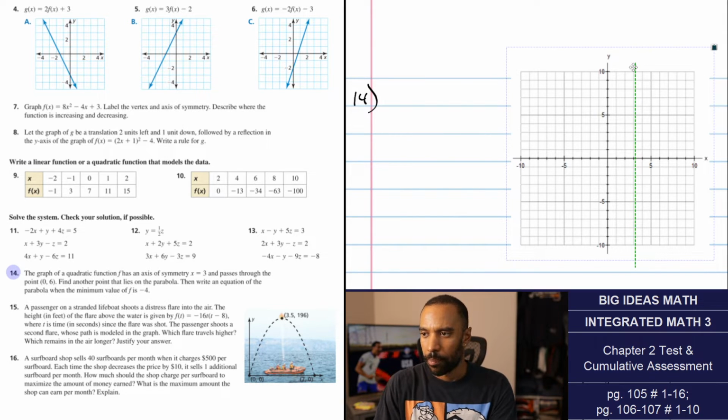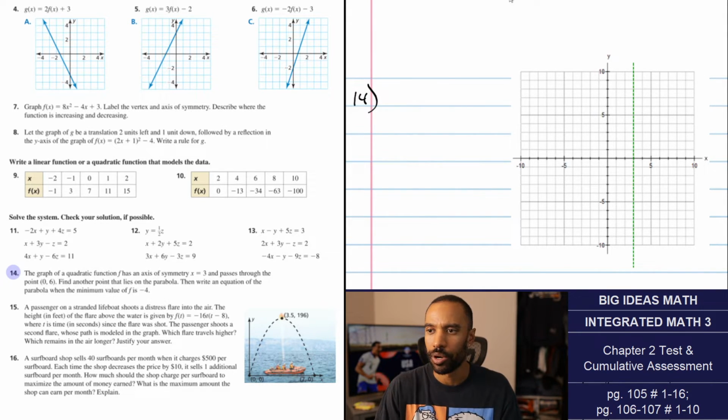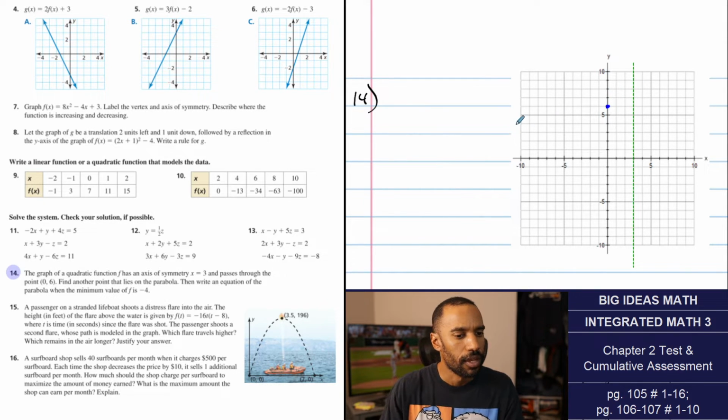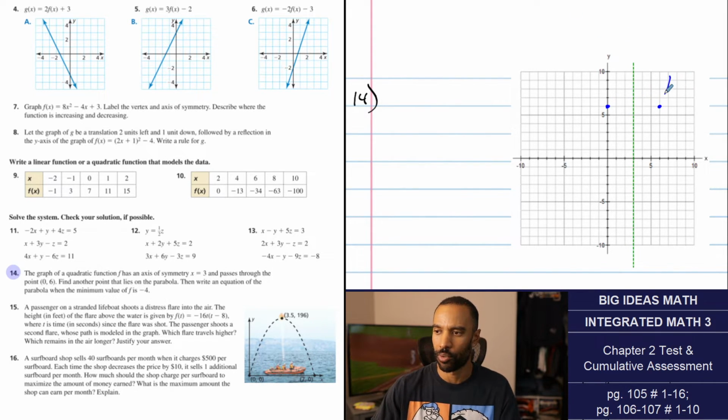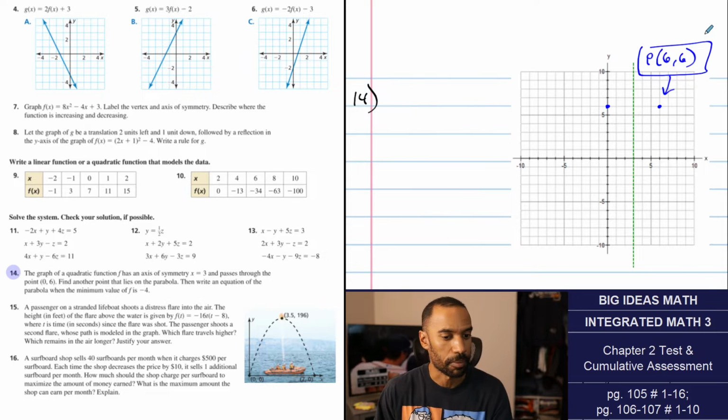The quadratic passes through the point 0, 6. Find another point that lies on the parabola. Well, let me tell you, it's one that reflects across here. 3 away, 3 away. Here's another point that lies on the parabola. Here's part of our answer: 6, 6. So, hope that addresses something.